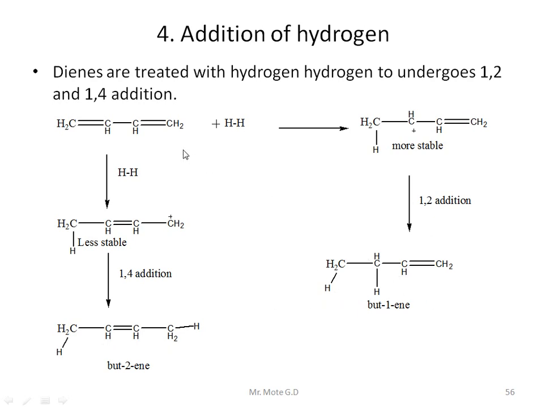Why? Because 1,2 addition gives a more stable intermediate but less stable product. 1,4 addition gives a less stable intermediate and more stable product. So this is the concept.